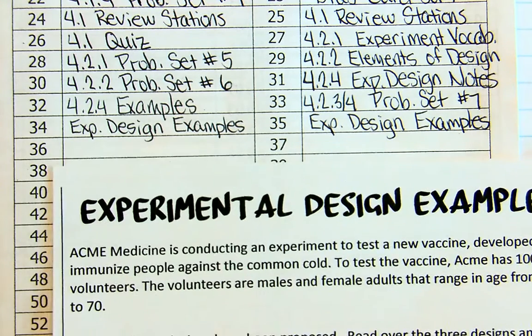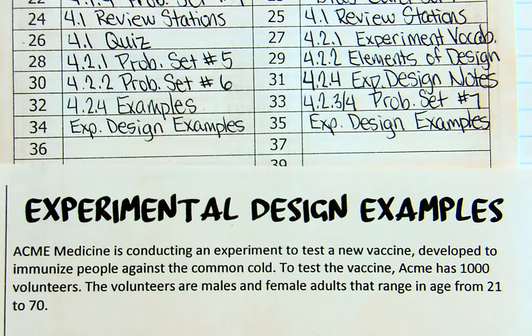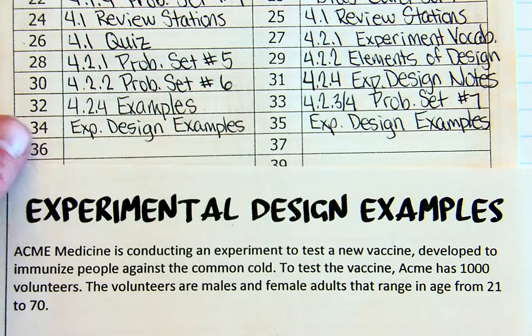Once you get that, this one that says experimental design examples, it's a little half page that's in your notebook. This is where we're going to go. This is going on page 34. So that's what we're going to go to next.